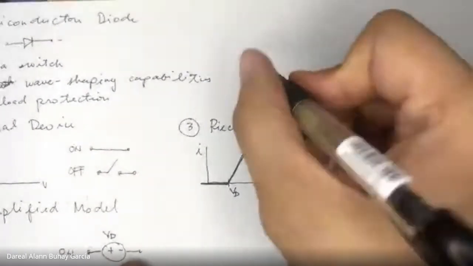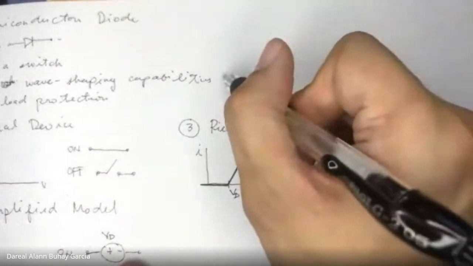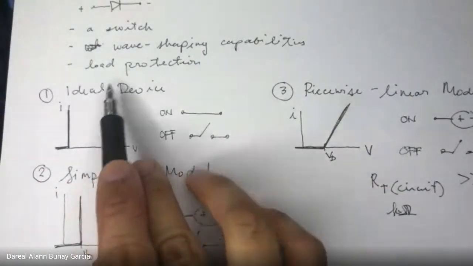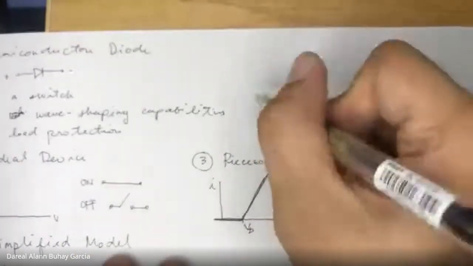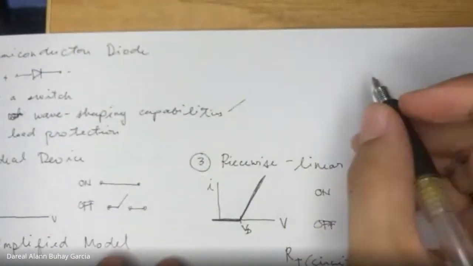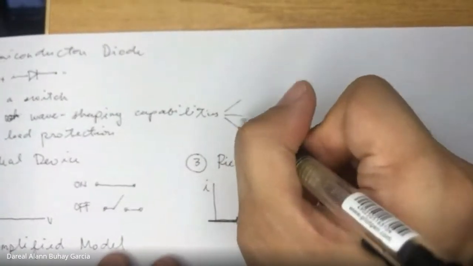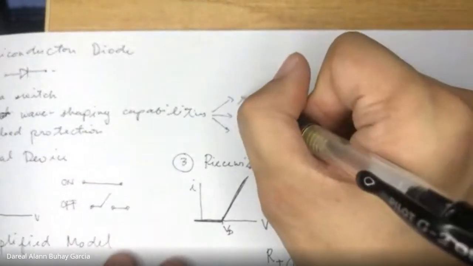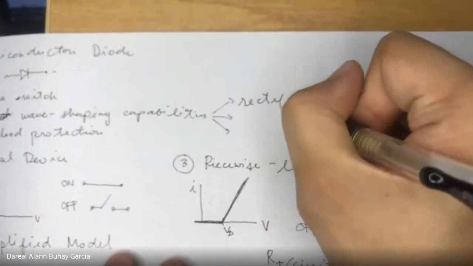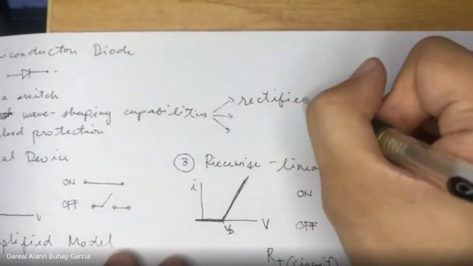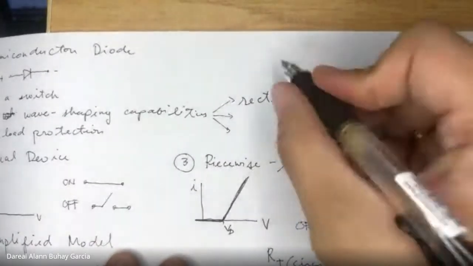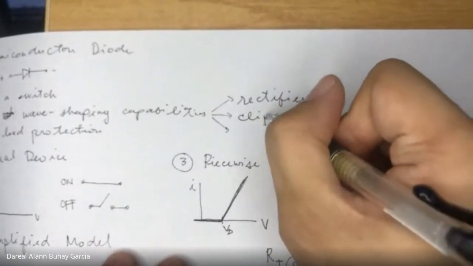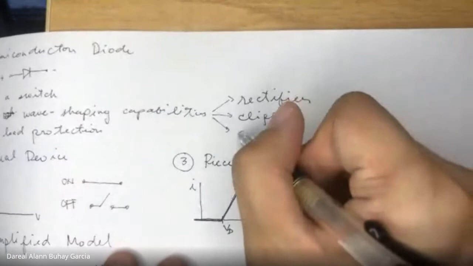Okay, so, for example, so that you at least remember when we'll use the ideal diode: for wave shaping capabilities. What kind of wave shaping capabilities are there when we use the diode as a rectifier, as a clipper, as a clamper?